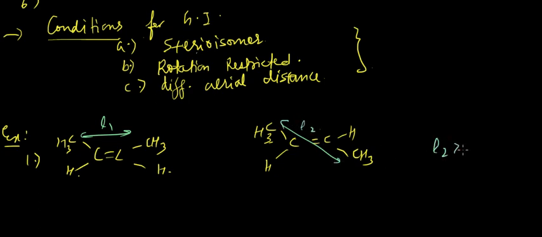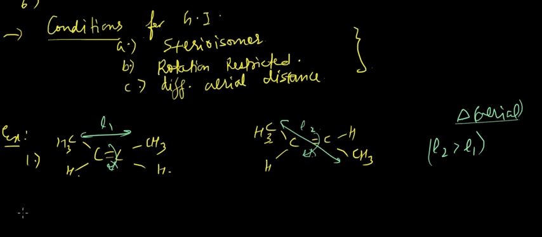L2 is greater than L1, so there is a difference in areal distance, which I called delta areal. So it qualifies for geometrical isomerism. And why is rotation restricted? Because it is a double bond.